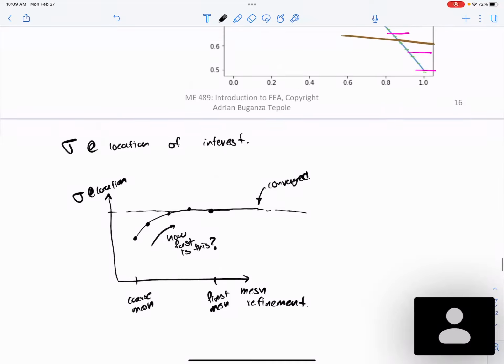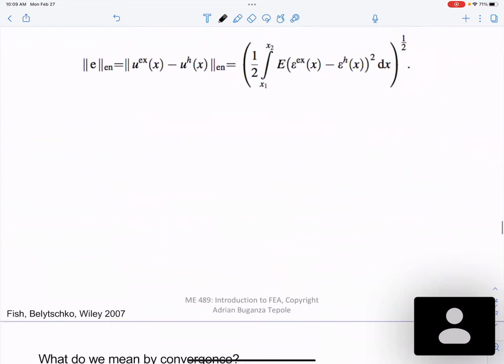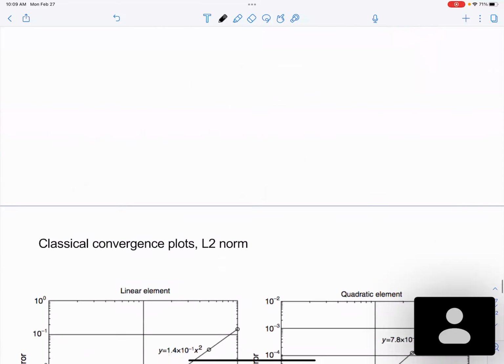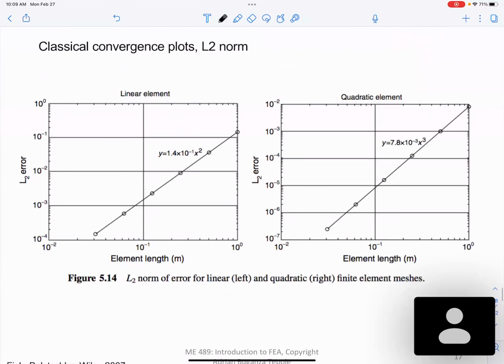I'm going to go back to these plots. This type of plot shows you the slope of these lines that compare the error to the element length. This is basically the order of convergence. You can see that these are log plots.